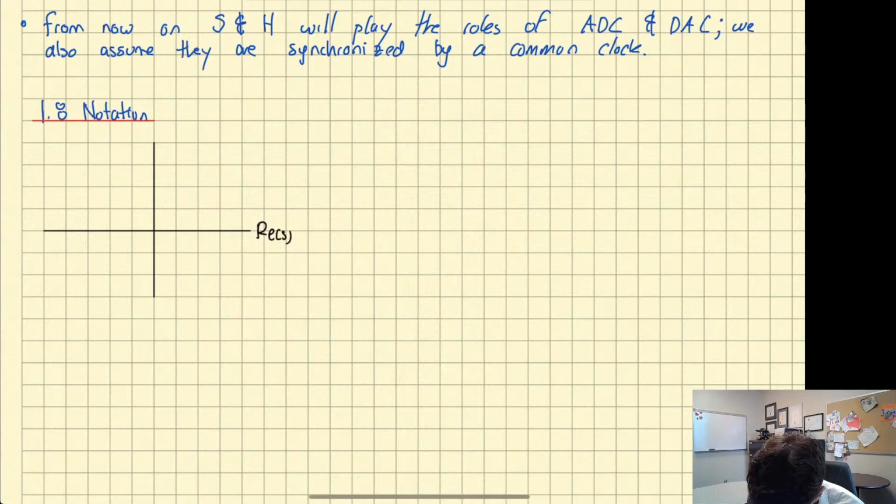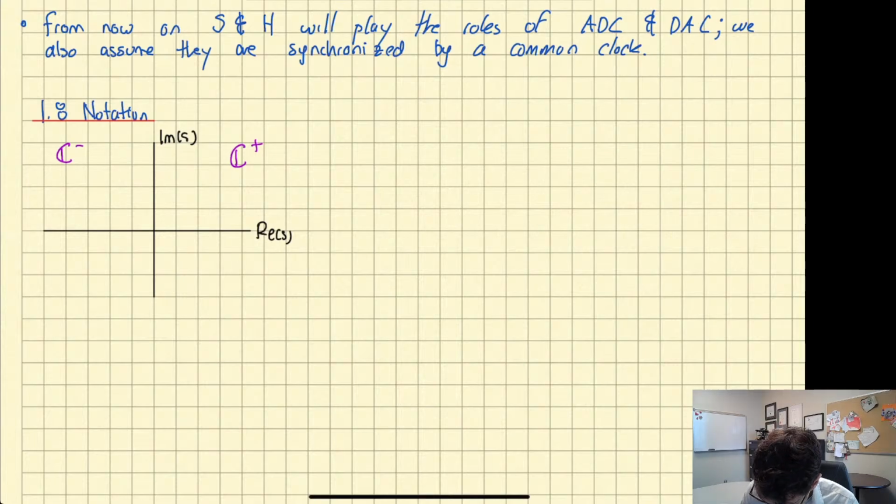For the complex plane, we're going to label different parts of the complex plane using different symbols. The part where you have positive real part, we're going to call C+. The part where you have negative real part, we're going to call C-.